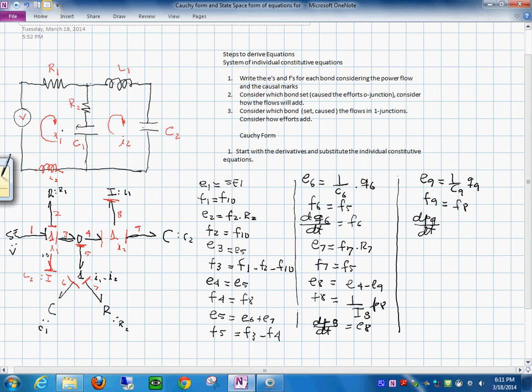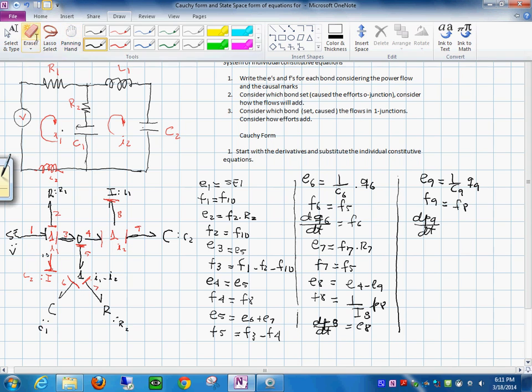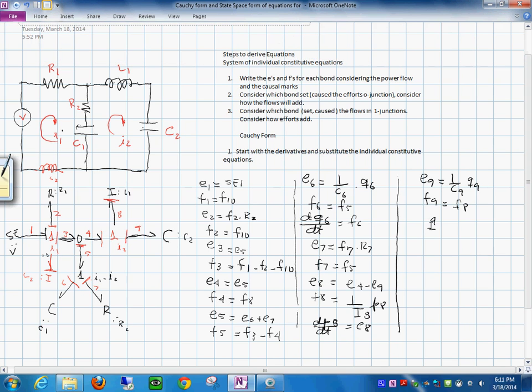No, 9 is dQ sub 9 dt. So let's just have this correctly here. And so we are on this one. This is dQ sub 9 dt is equal to F sub 9.